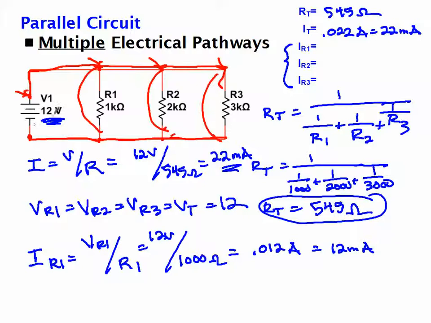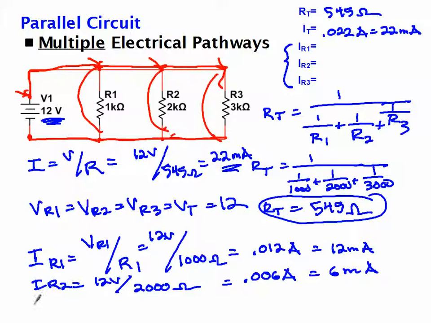You can do the same for R2 and R3. IR2 equals 12 volts divided by 2,000 ohms. Since 2,000 is twice 1,000, it's going to be half of this, 0.006 amps equals 6 milliamps.